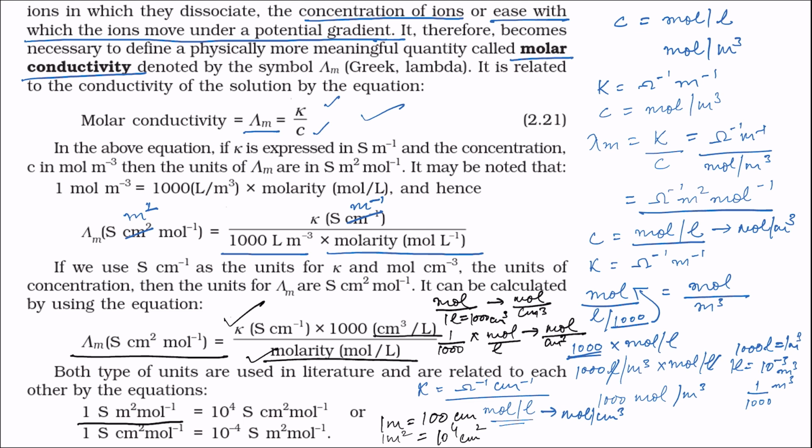So, 1 per ohm meter square per mole is equal to 10 to the power 4 per ohm centimeter square per mole. Similarly, if centimeter square has to be converted into meter square, then 1 per ohm centimeter square per mole is equal to 10 to the power minus 4 per ohm meter square per mole. 1 centimeter square is equal to 10 to the power minus 4 meter square.